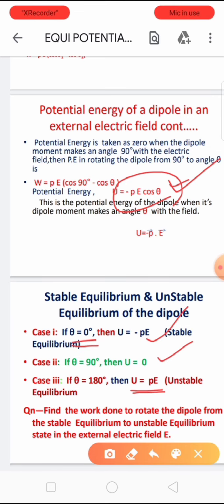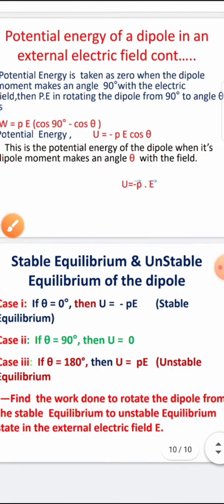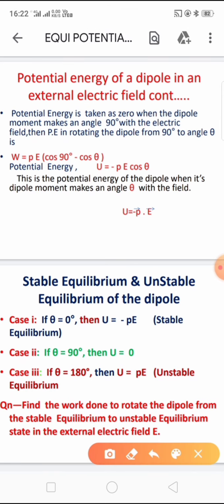Find the work done to rotate the dipole from the stable equilibrium state to the unstable equilibrium state in the external electric field. Stable equilibrium state means theta 1 is 0 degrees, and unstable equilibrium means theta 2 is equal to 180 degrees.